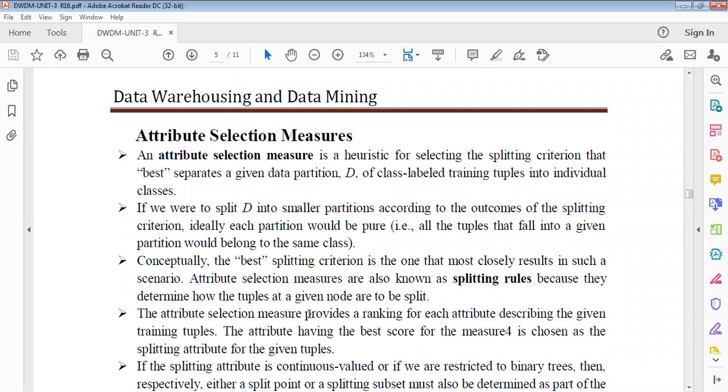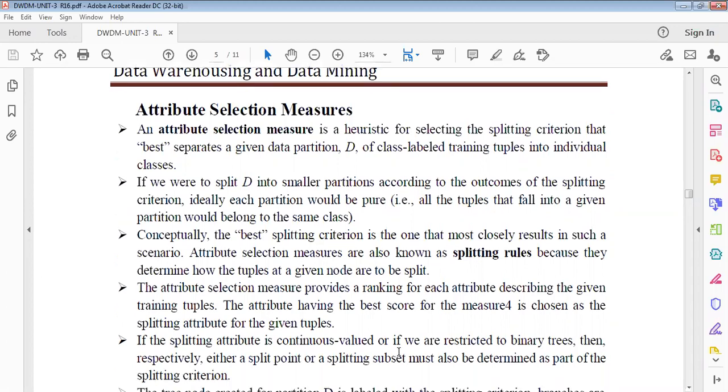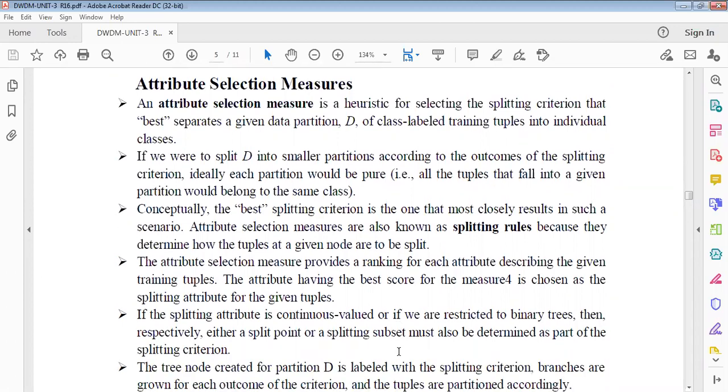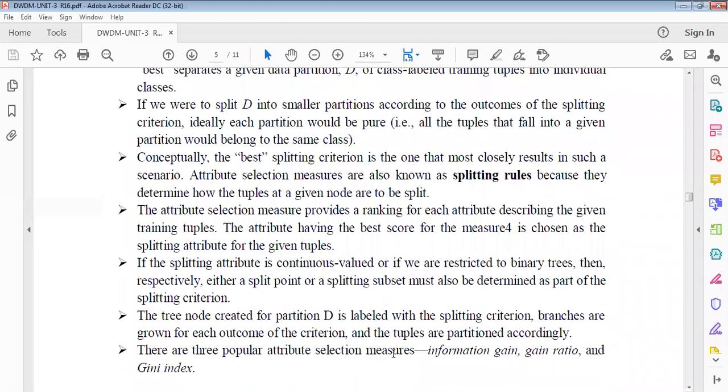The attribute having the best score for the measure is chosen as the splitting attribute for the given tuples. If the splitting attribute is continuous valued, or if we are restricted to binary trees, then a split point or splitting subset must also be determined. Here you can see the tree node created with partition D labeled with the splitting criteria. Branches are grown for each outcome of the criteria.